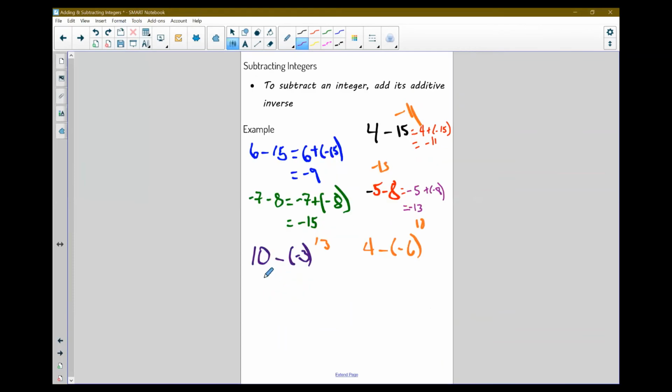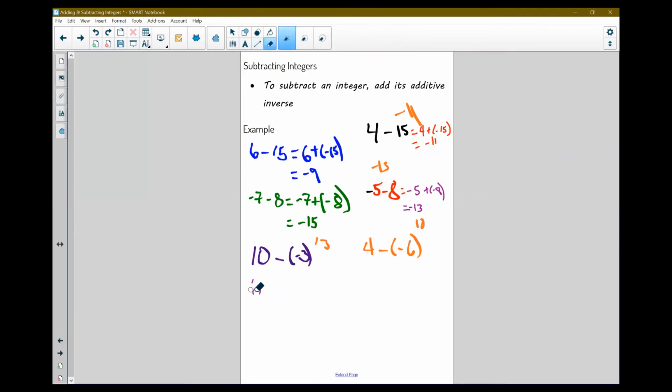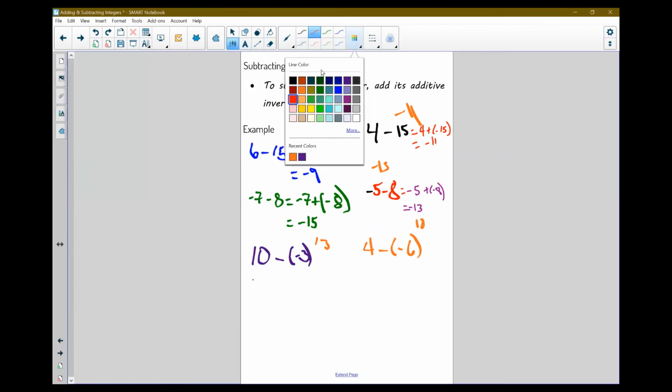Okay. Let's do this one over here. Hold on. All right, so for this problem right here, y'all gonna get behind. I know y'all will. Y'all gonna be confused.